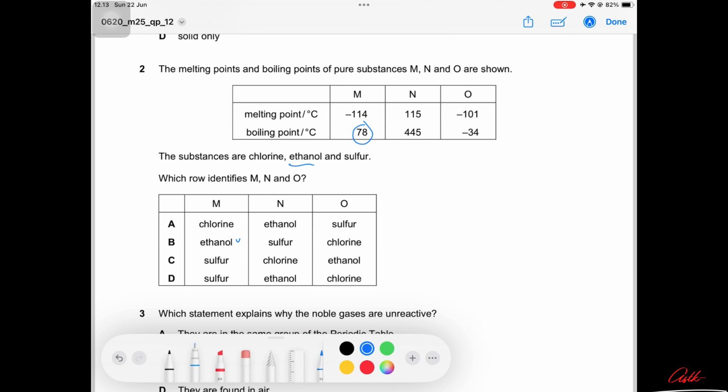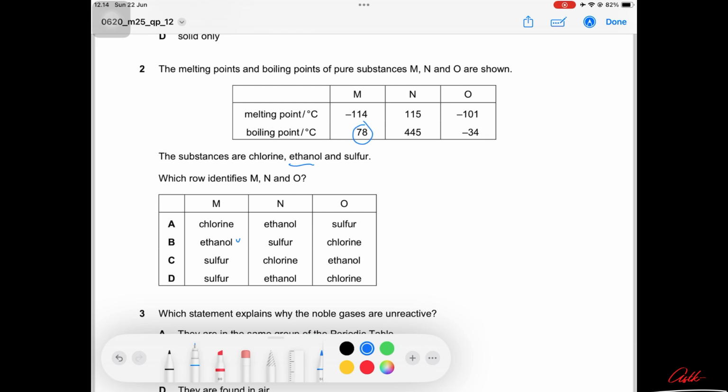You don't need to eliminate or consider the other options because we only have ethanol in one option, B. Okay, if you are still wondering whether we should look at substances N and O, I don't need you to do that, because this is the trick for you.